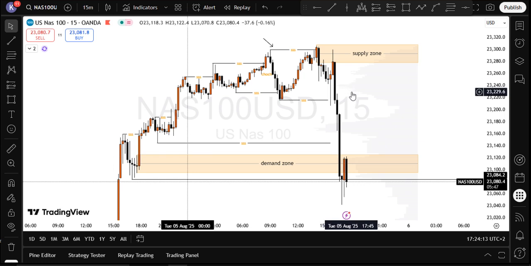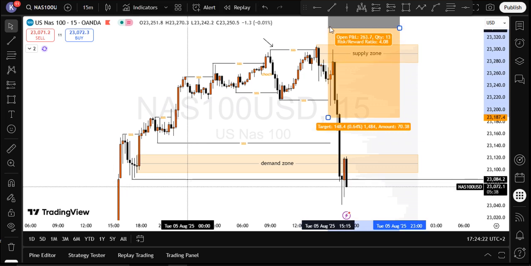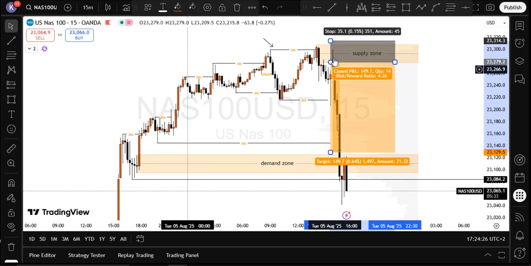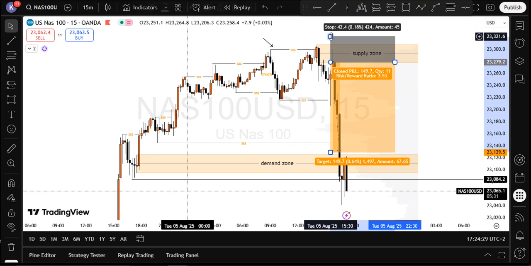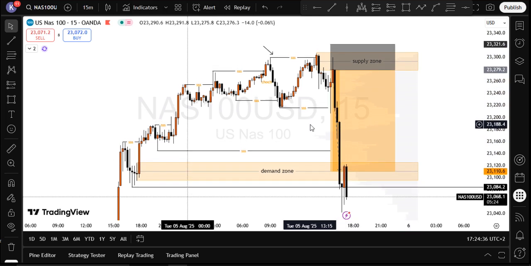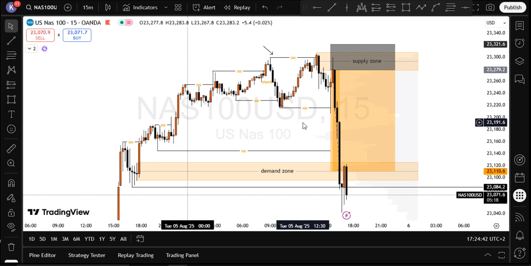After mitigating 50% of that supply zone, as soon as the market closed below the zone, that's where we took our entry, exactly there. Stop loss above the supply, and then our take profit was 50% of the demand zone. So just like that, that's how we chopped Nasdaq today, which is Tuesday, the 5th of August.